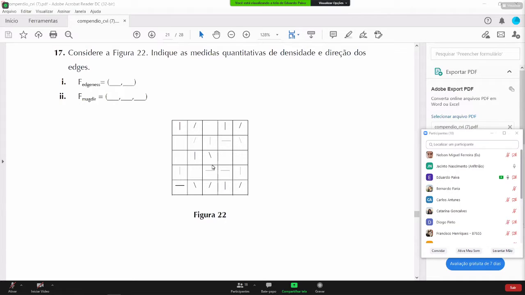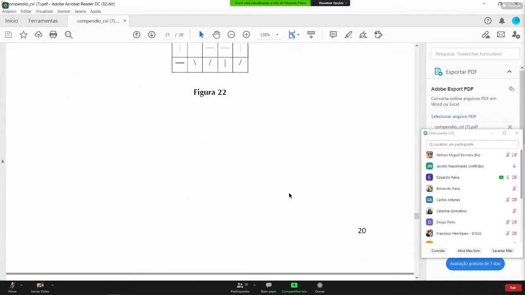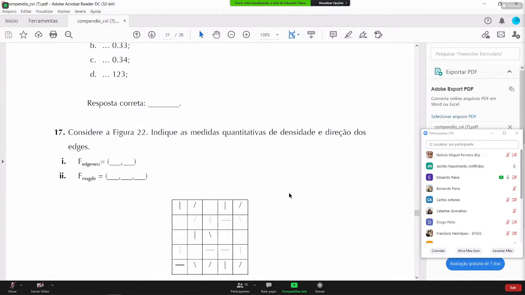So 4 divided by 25, 7 divided by 25, and 8 divided by 25. Good. I think that's it.